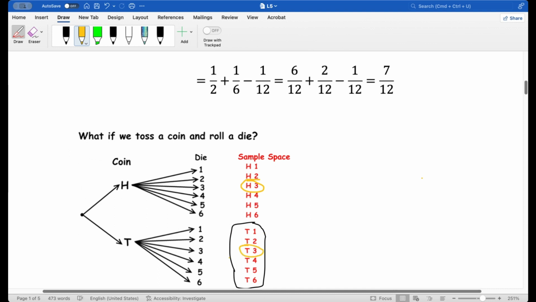But one of them is circled twice, and it's not a unique element there. So it's the same element twice, so we have to subtract that one out, and that's why we're left with 7. So there's only 7 ways here to achieve this union, T or 3. So that's 7 out of 12.